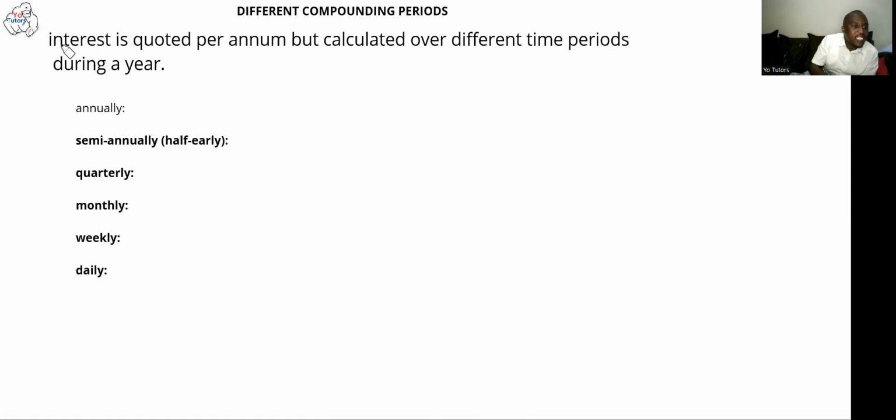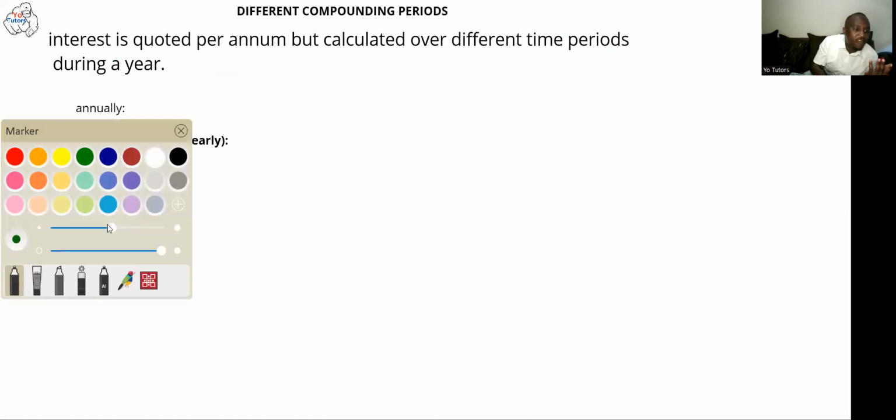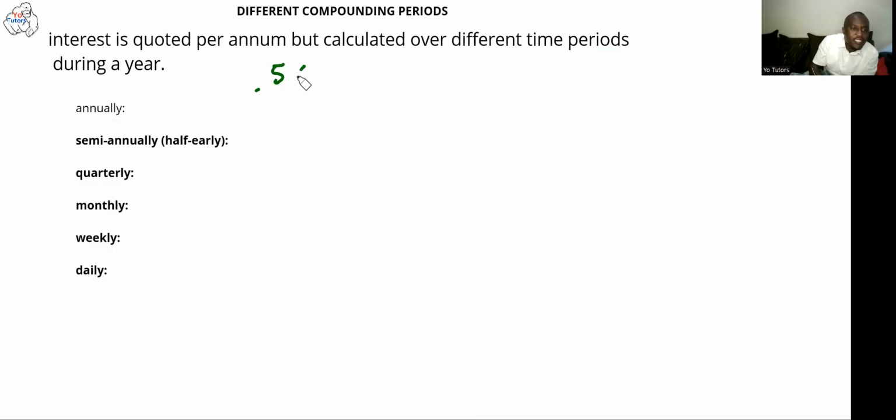Now, when I talk about different compounding periods, we are used to saying, let's give an example here, it's 5% per annum compounded annually.